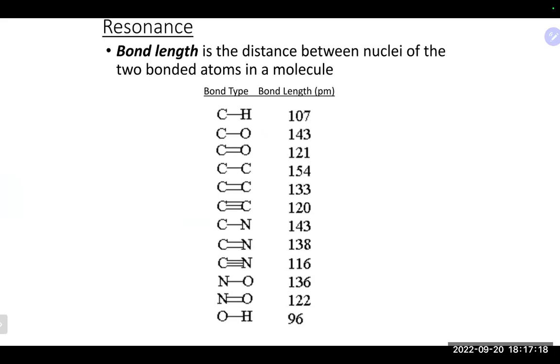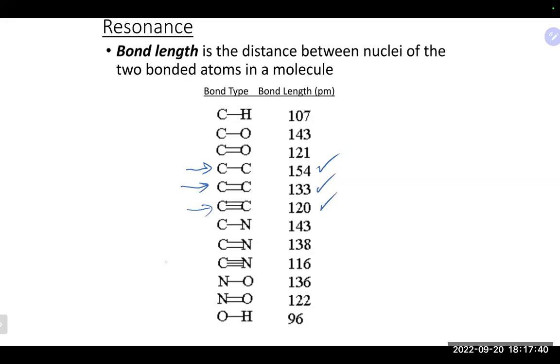Bond length is really the distance between the two nuclei that are in a bond. You do not need to obviously memorize any of these numbers, but we do see a pattern when we look at, for example, the carbon-carbon single bond, double bond, and triple bond. The bond length for their single bond is 154, 133, and 120.